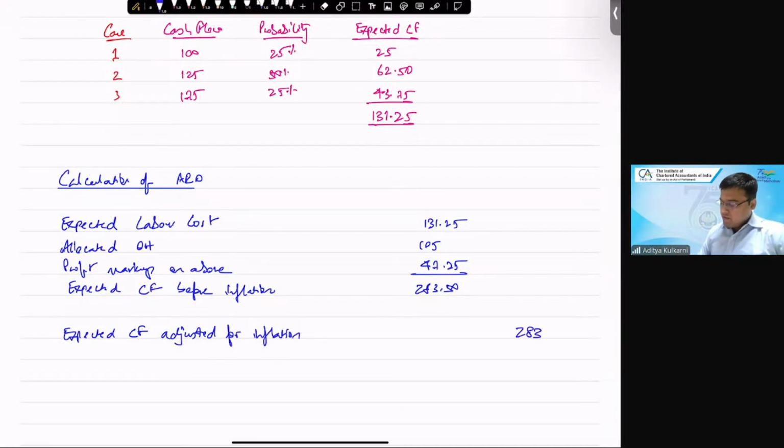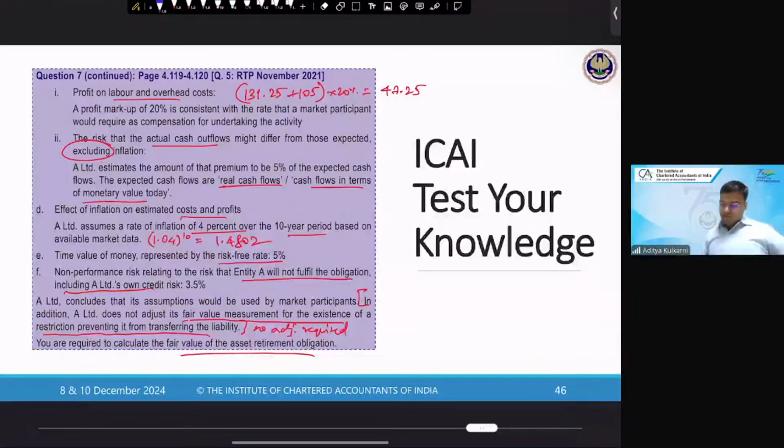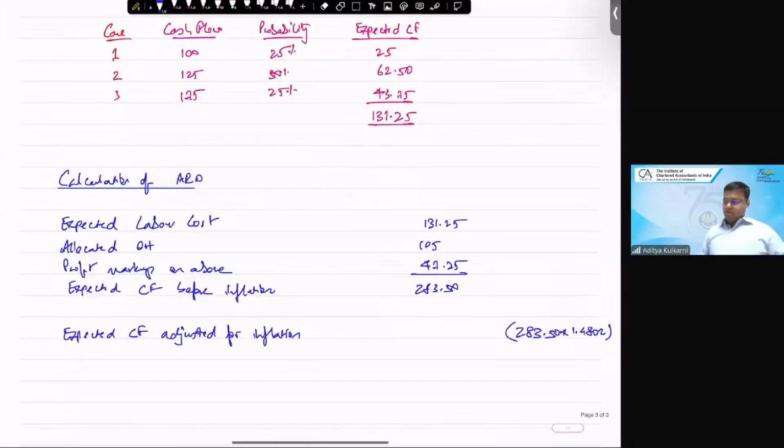What will it be? 283.5 into 1.4802. Yes or no? Yes, sir. So 283.5 into 1.4802 comes to 419.64. So this is what you expect the cash outflow to happen in the 10th year.